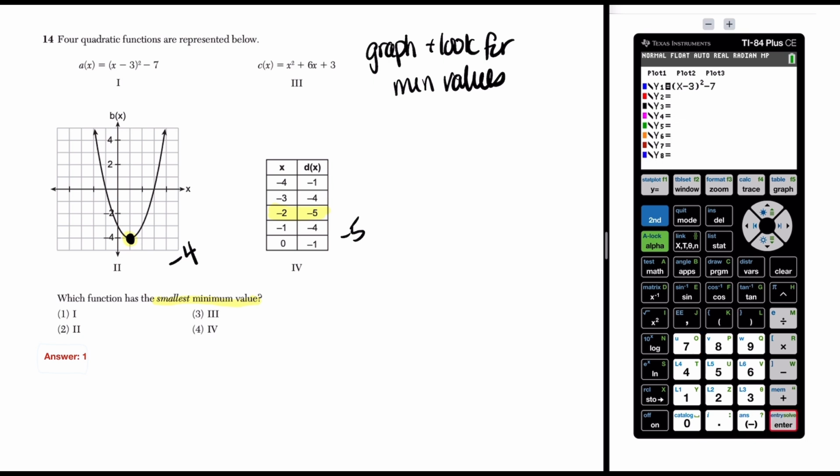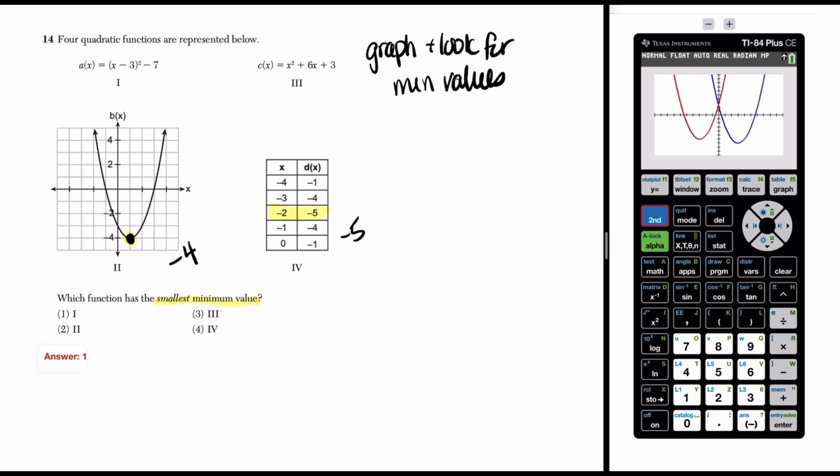And I'm going to put both of them next to each other because why not? So x squared plus 6x plus 3. You could just graph both of them and look at them if that helps. I could already see the blue one is lower than the red one, but I don't remember which one is which.